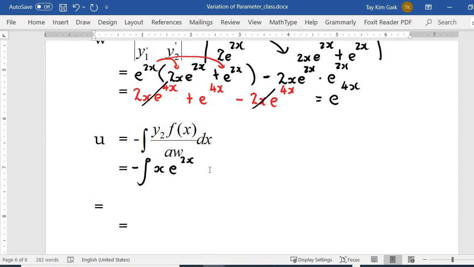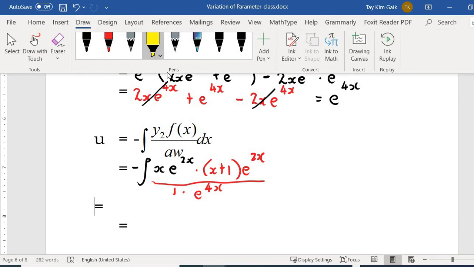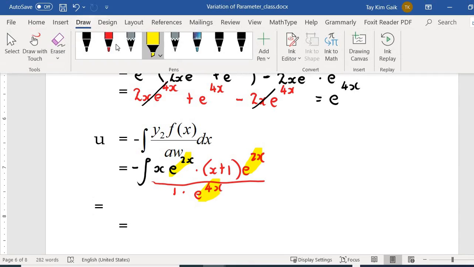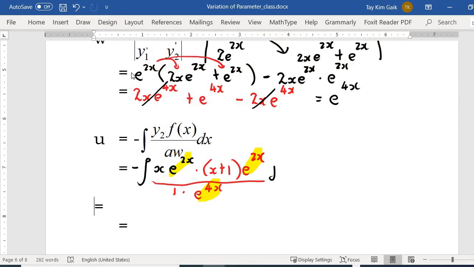Okay, a is 1, w is here, exponent 4x. So exponent 2x times exponent 2x will be exponent 4x. This cancels. So this one you got dx.